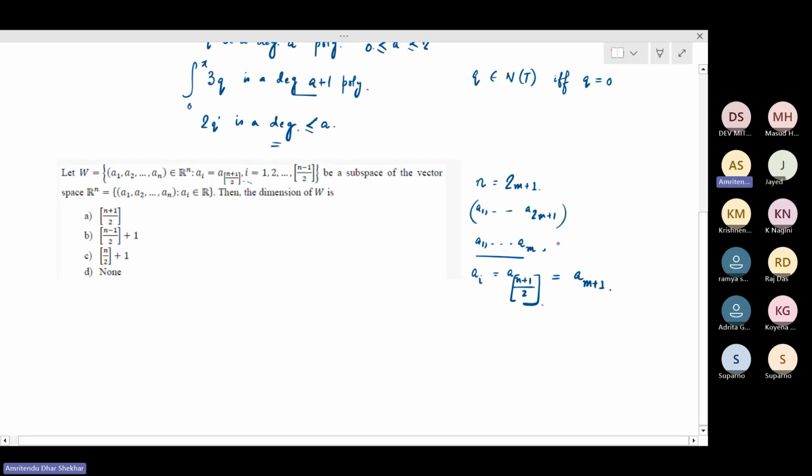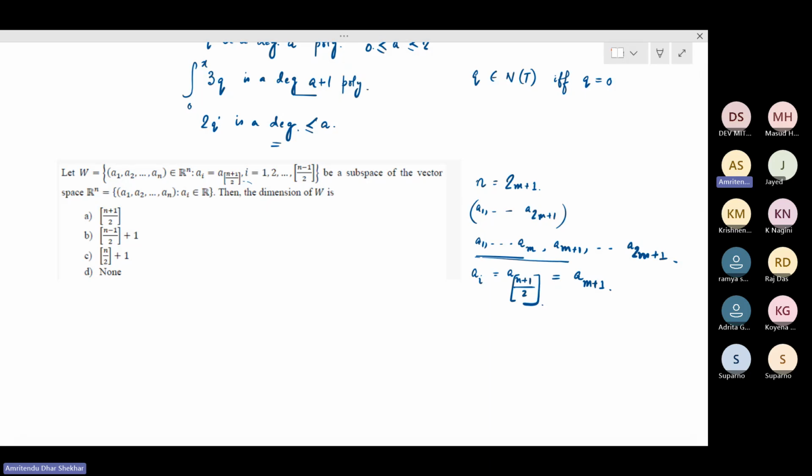And here you have a m plus 1 till a 2m plus 1. Right. So here it means that all the coordinates till a m plus 1 are actually fixed.